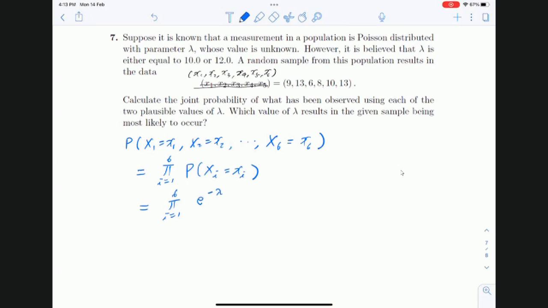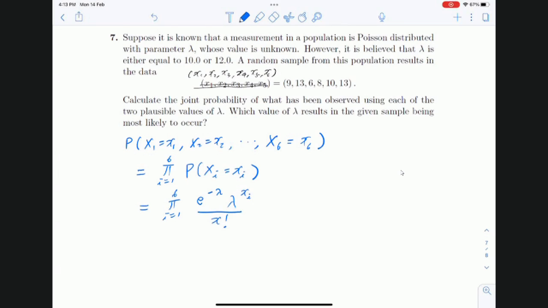It is equal to e to the power minus lambda multiplied by lambda raised to the power of the sampled value, divided by the factorial of the sampled value. Right? I suppose all of you have learned this before. Just let me know if there is anything you don't understand.